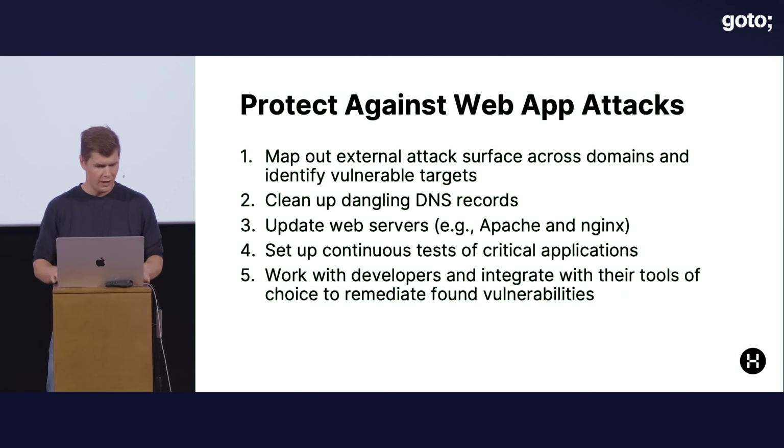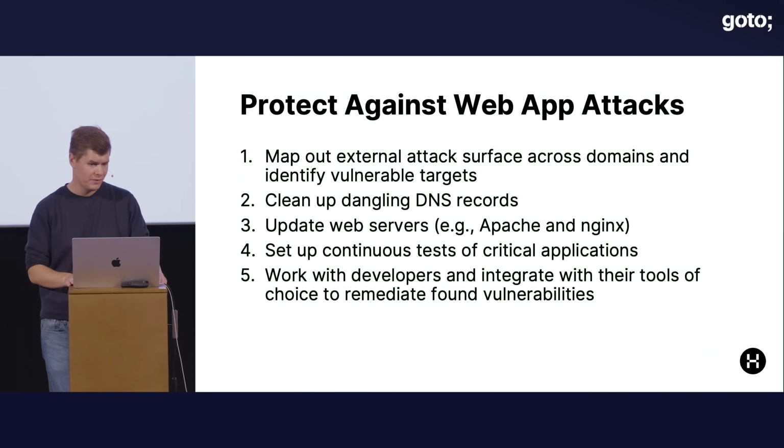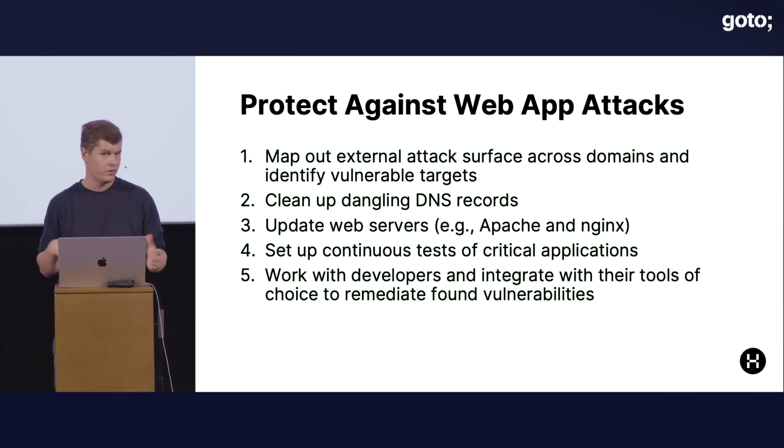You should work with your developers and integrate these testing tools with their development tools. Many of these testing tools will let you integrate with your development or CI/CD pipeline. So whenever you make a build or a pull request, you could run a test as well.